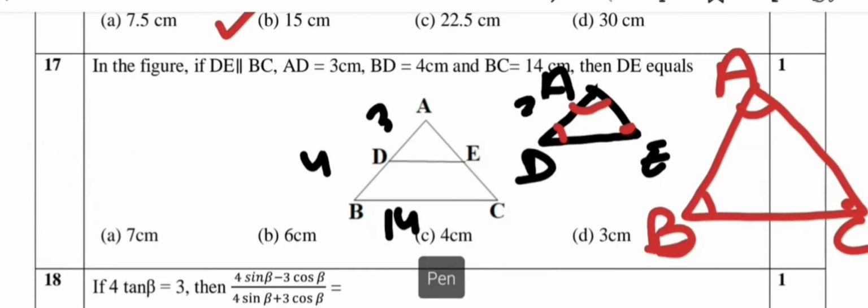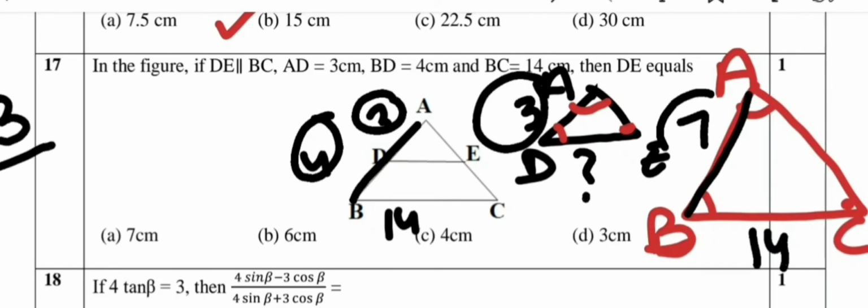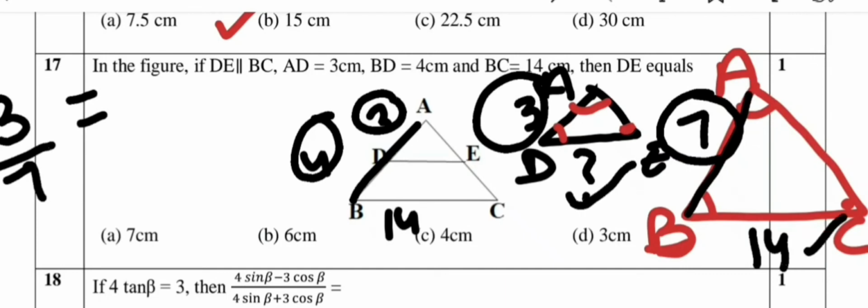Since the two triangles are similar, their corresponding sides are proportional. Now let us write the proportionality of their sides. Side AD is 3. Total length of side AB will be 3 plus 4, that is 7. DE we don't know and BC is 14.